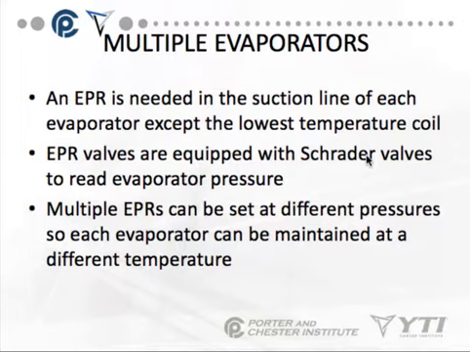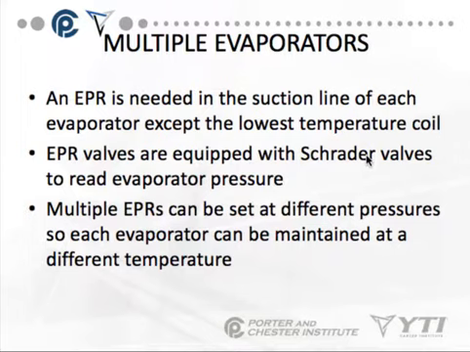An EPR is needed in the suction line of each evaporator except for the lowest temperature coil. Okay, so if you have 4 evaporators, you have to pick one which is the lowest temperature and not put the EPR in that. EPR valves are equipped with a Schrader valve to read evaporator pressure.